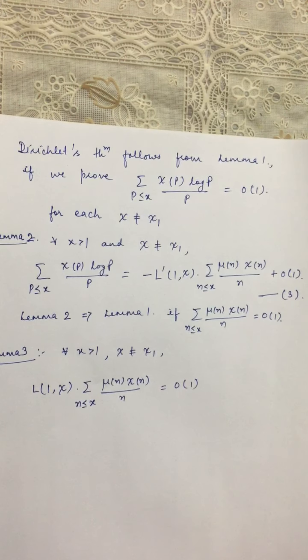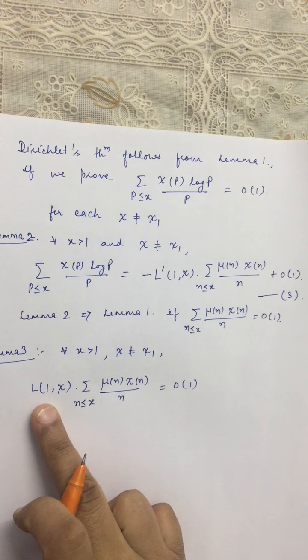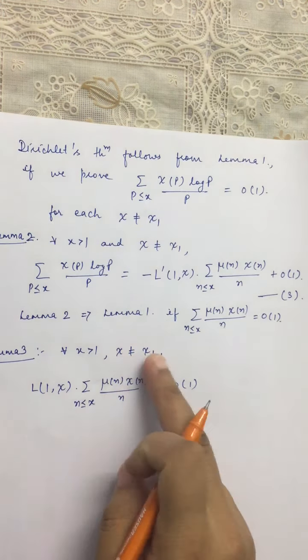Now in this lemma, if we prove that L(1, chi) is non-zero for all such chi, then since this is a non-zero term, it is a constant because L(1, chi) is a convergent series. So this non-zero term times the summation is order of 1. That means this summation is just order of 1. So if we can prove L(1, chi) is non-zero for all non-principal chi, then this term will be order of 1, and that we need to prove.